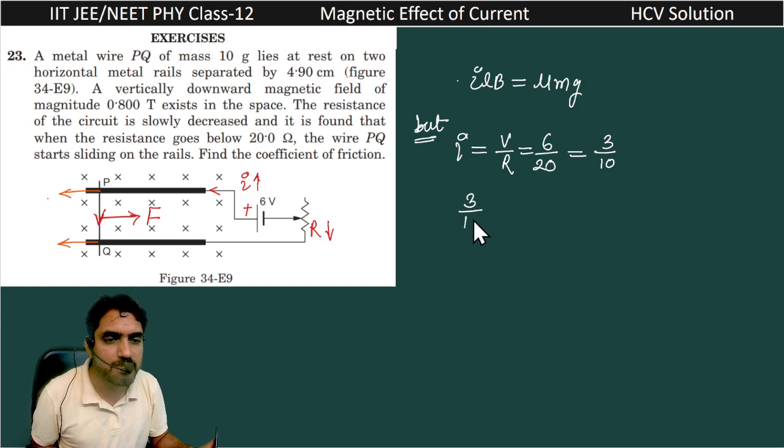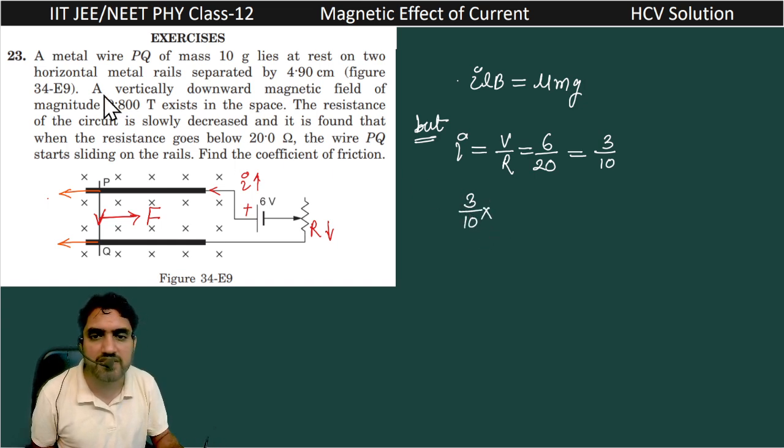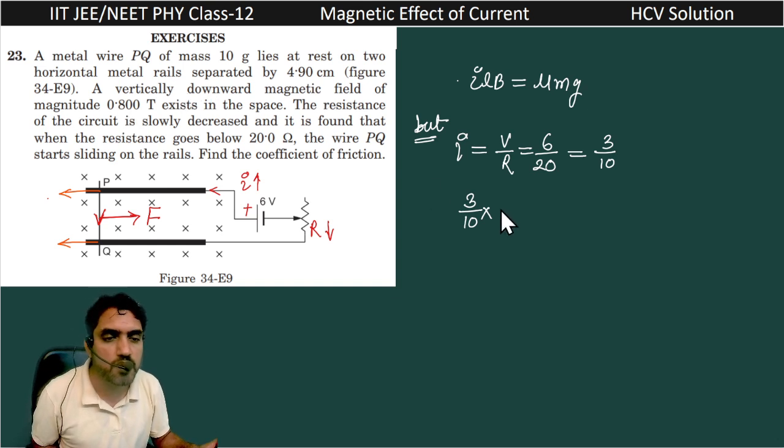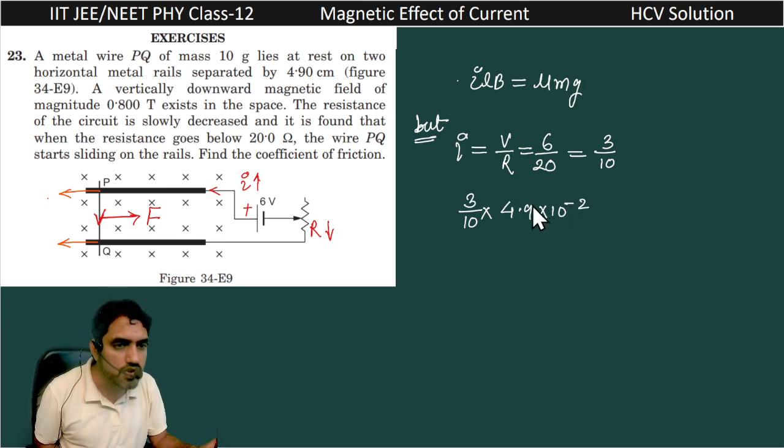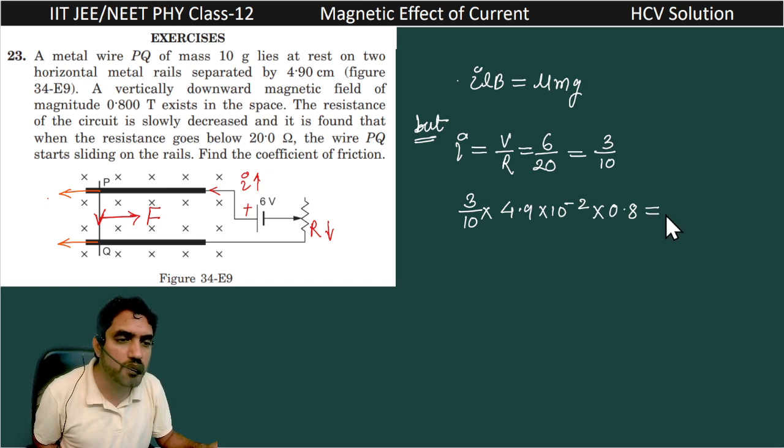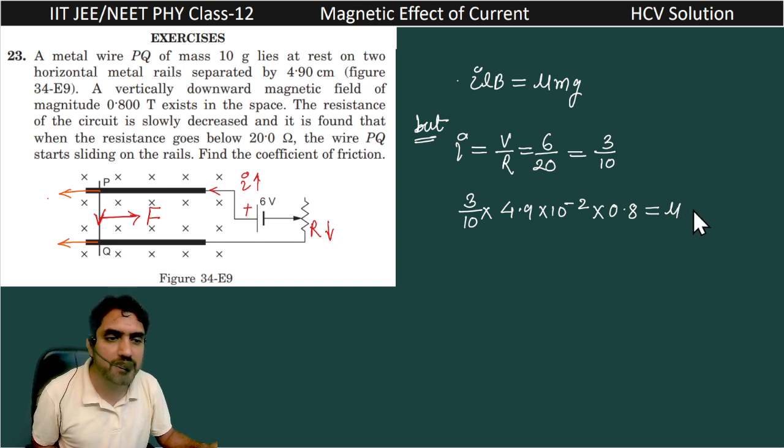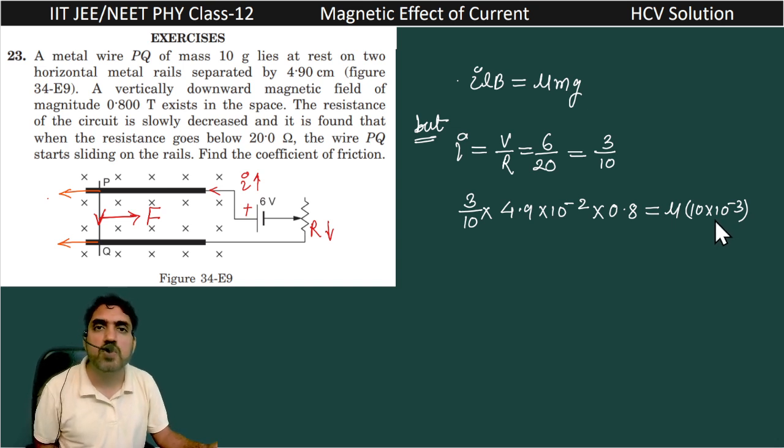So we are placing the value of I, 3 by 10, and the length which is given as 4.9 centimeters. So 4.9 into 10 raised to power minus 2, because we have to convert into meters. And the magnetic field B is 0.8 Tesla, is equal to mu, which is required to find, into M, that is 10 grams, so 10 into 10 raised to power minus 3, because we want to convert gram into kilogram.